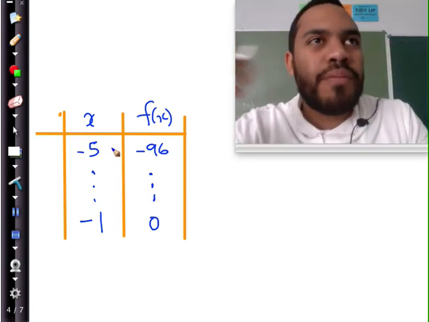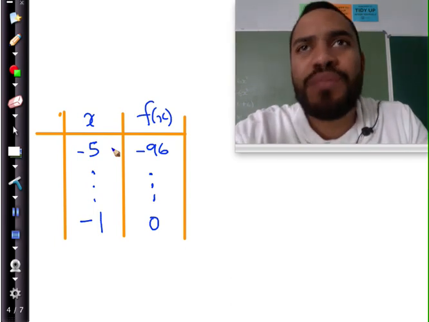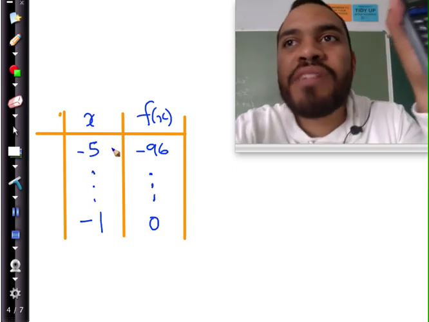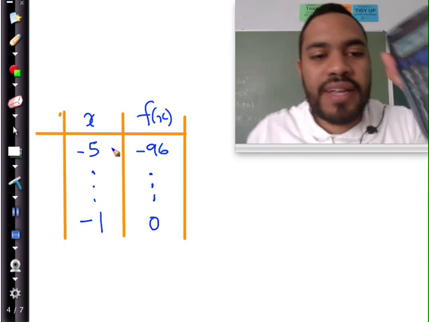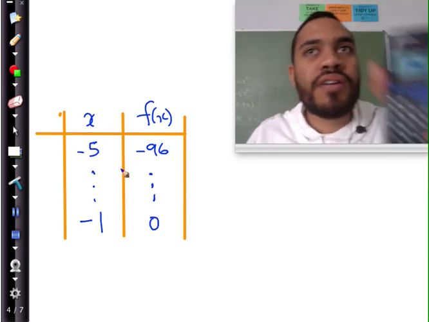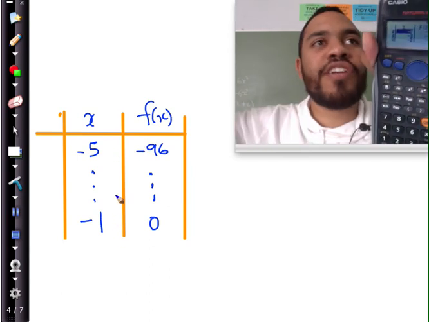We didn't want to be laborious and substitute in minus 5, then minus 4, then minus 3, then minus 2, then minus 1. Some of your teachers may actually want you to do that. But we use the calculator's table function to put those values in for us and just work it out. So we can ask the calculator to check 10 values now. You could have gone on and on and on.